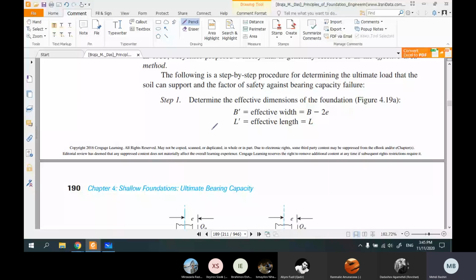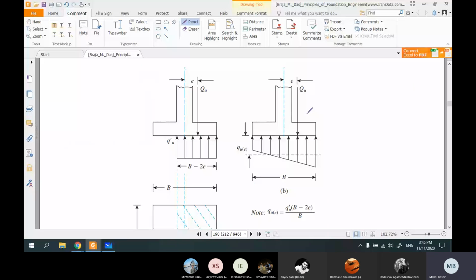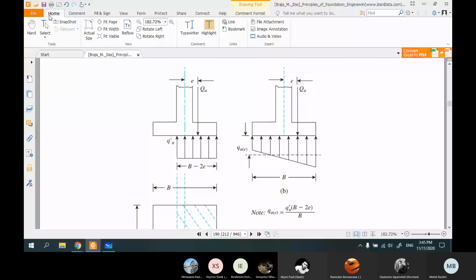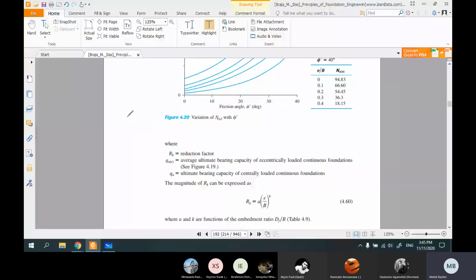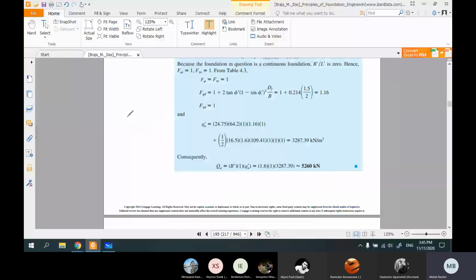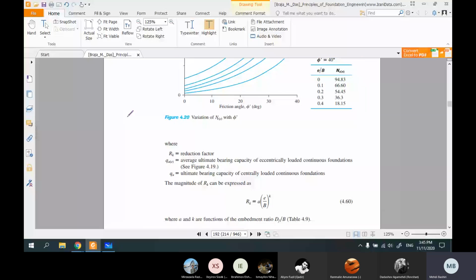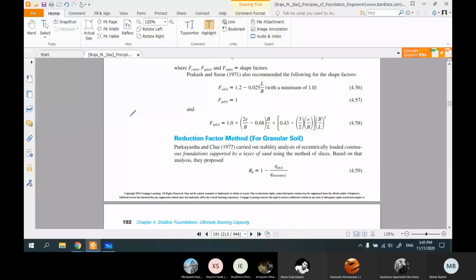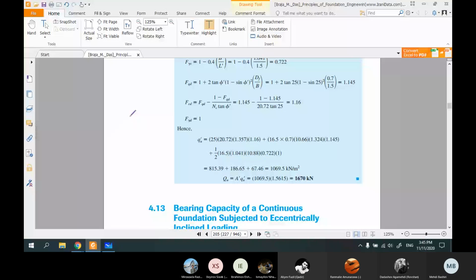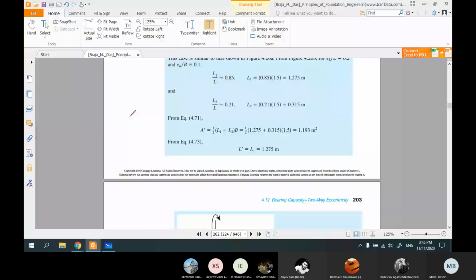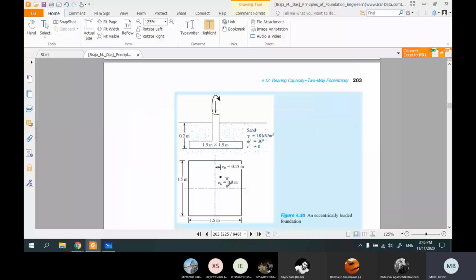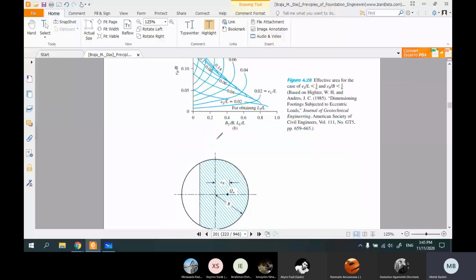But when you have two-way eccentricity, you should find L prime too. In the future, it's a little complicated. Two-way eccentricity, 4.12. You can see that in this case you have both e_B and e_L, so finding L prime and B prime is required like this.